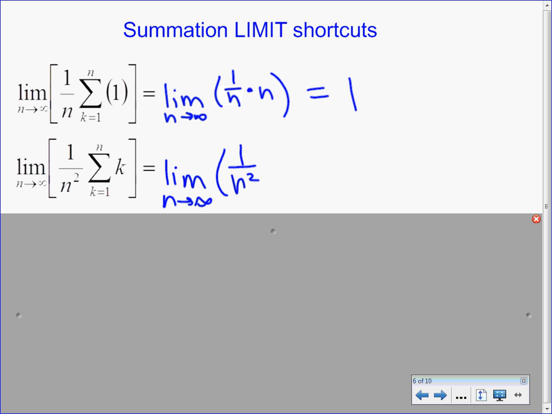What's the summation from 1 to n of k? We're plugging in 1, and then we're adding it to when we plug in 2, and then we're adding it to when we plug in 3, and then all the way to n. I'm sorry, I said that incorrectly.